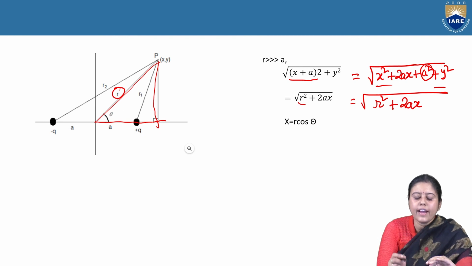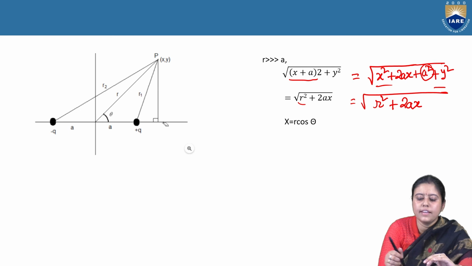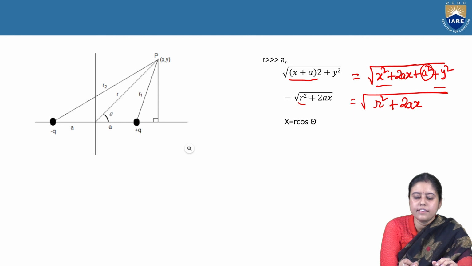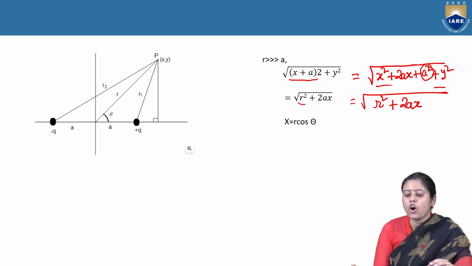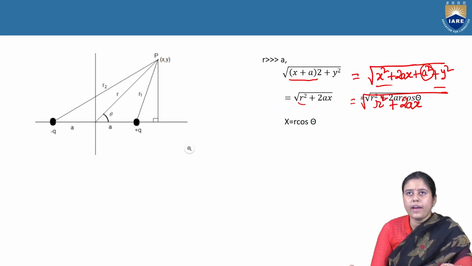Now, from this diagram, you can see if the angle is theta, we can write x equals r cos theta, as this is the triangle. So what will be the value then?